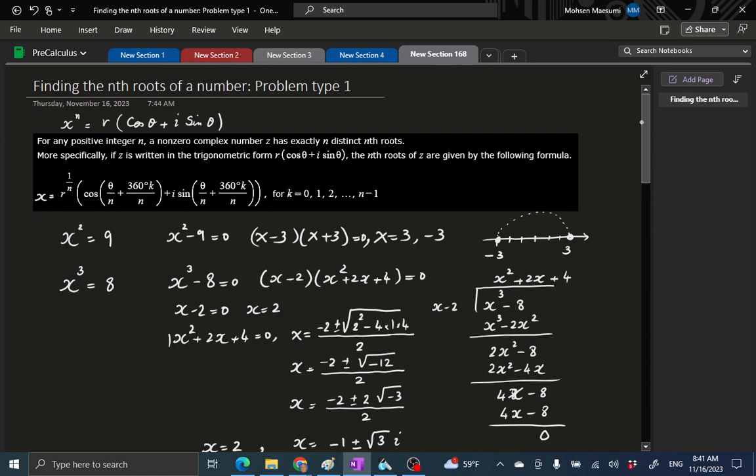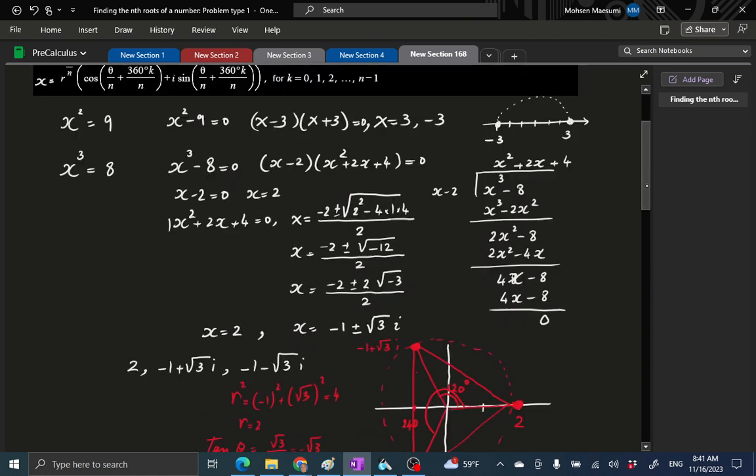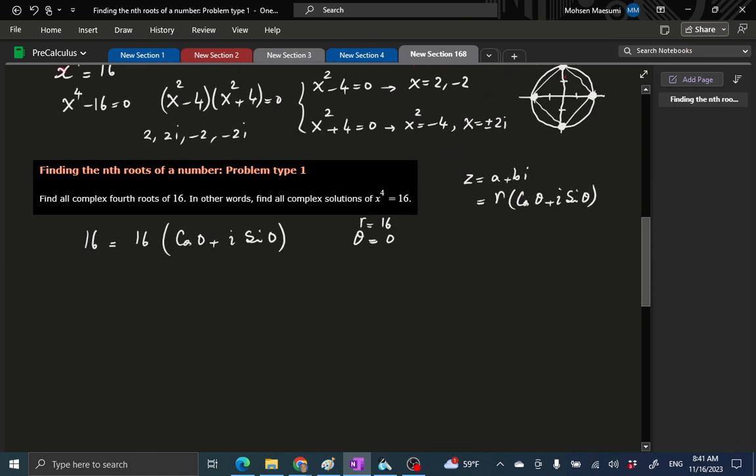The formula says take the fourth root of your r. So first of all, here's my n. n is 4. So r to the power of 1 over n means 16 to the power of 1 over 4. Fourth root of 16, well, we need to know this. The fourth root of 16 is just 2.